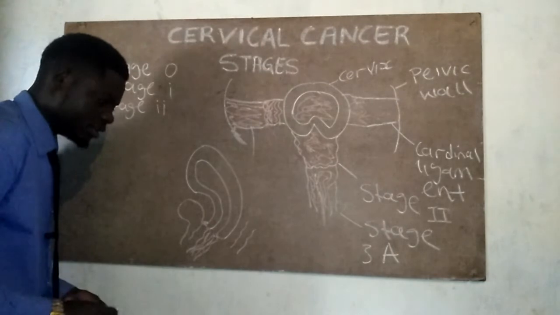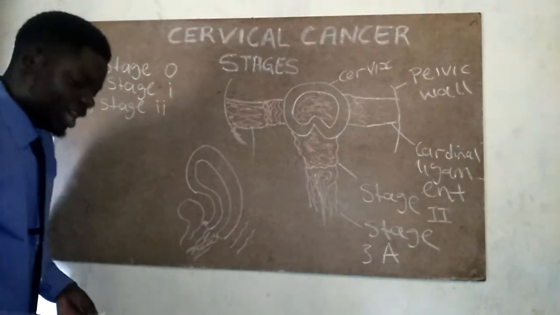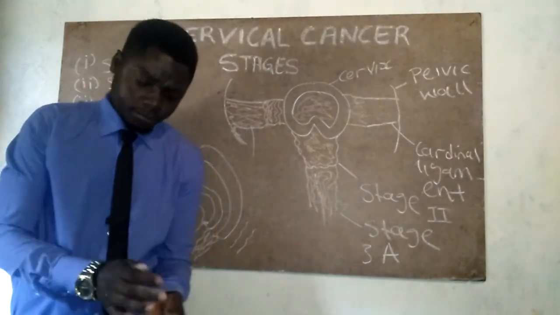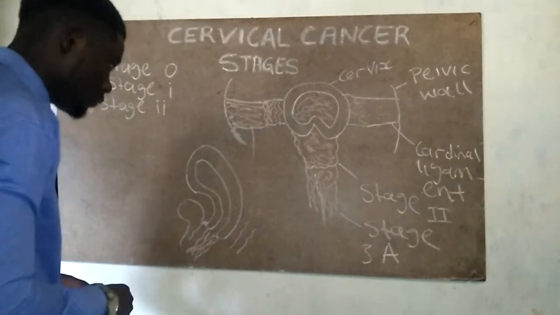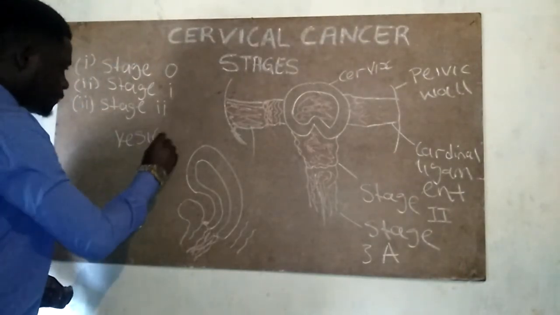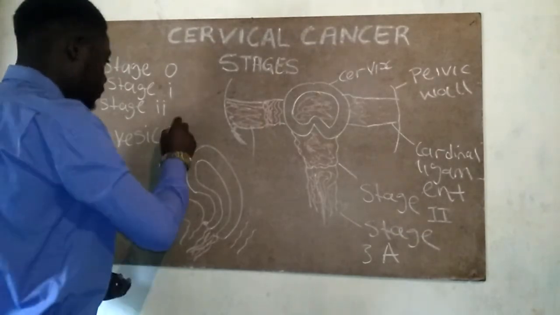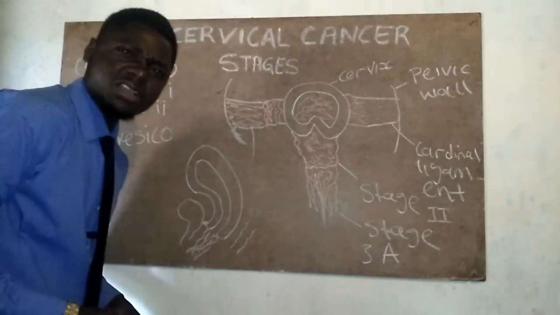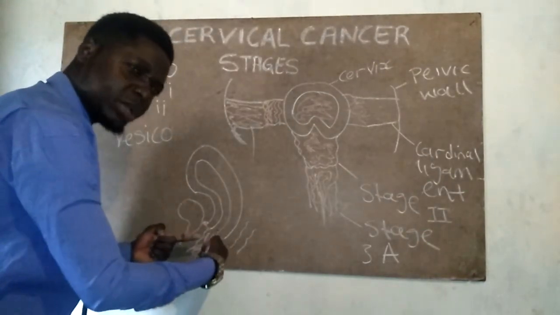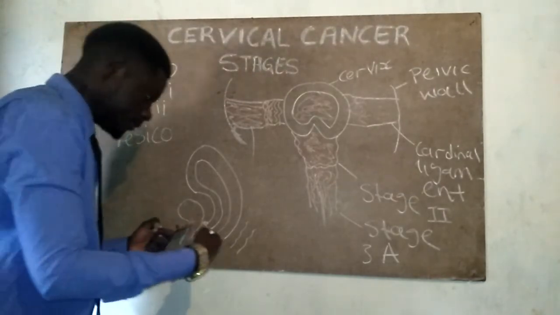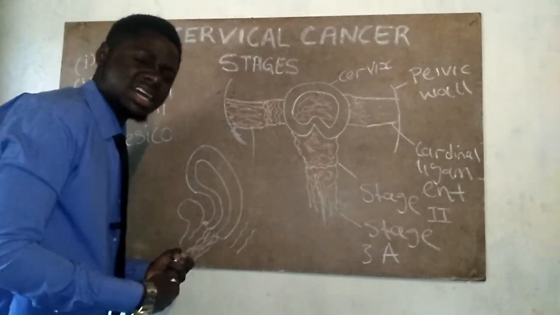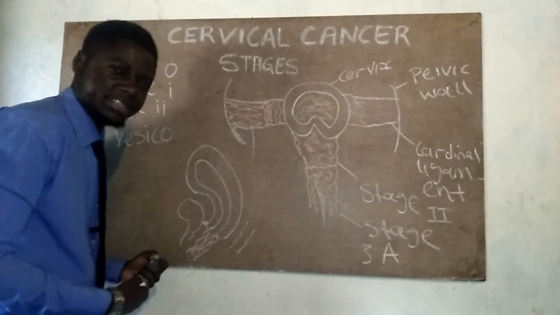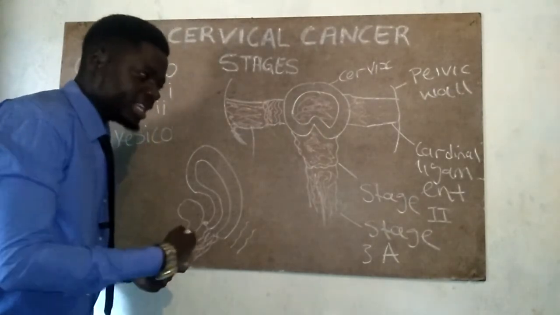The bladder is going to be involved, and once the bladder is involved, that can cause what we call a vesicocervical fistula, an abnormal opening between the two cavities. That's the only thing that causes leaking when we talk about the clinical signs and symptoms of cervical cancer, because there's going to be a fistula in stage 4 of cancer.